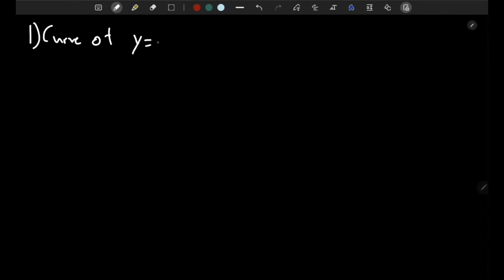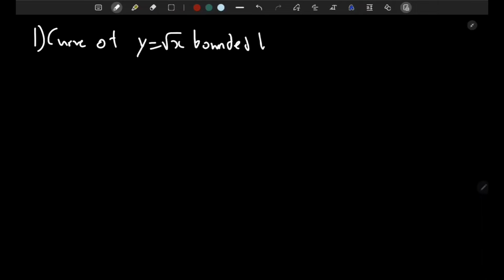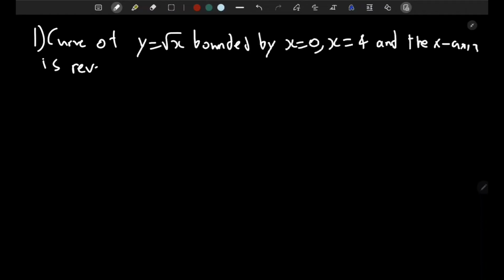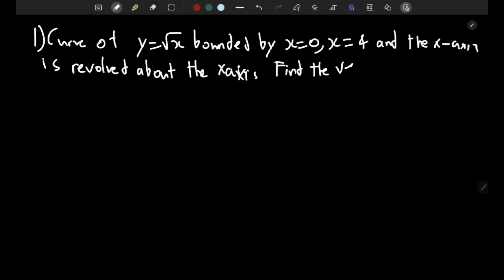Y is equal to radical x, bounded by x equals 0, x equals 4, and the x-axis, is revolved about the x-axis, and we are supposed to find the volume.